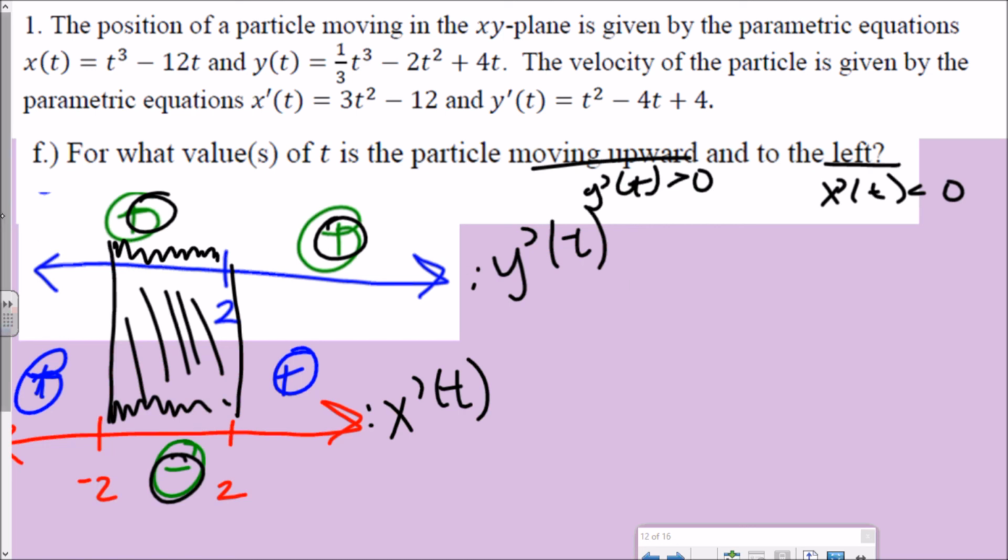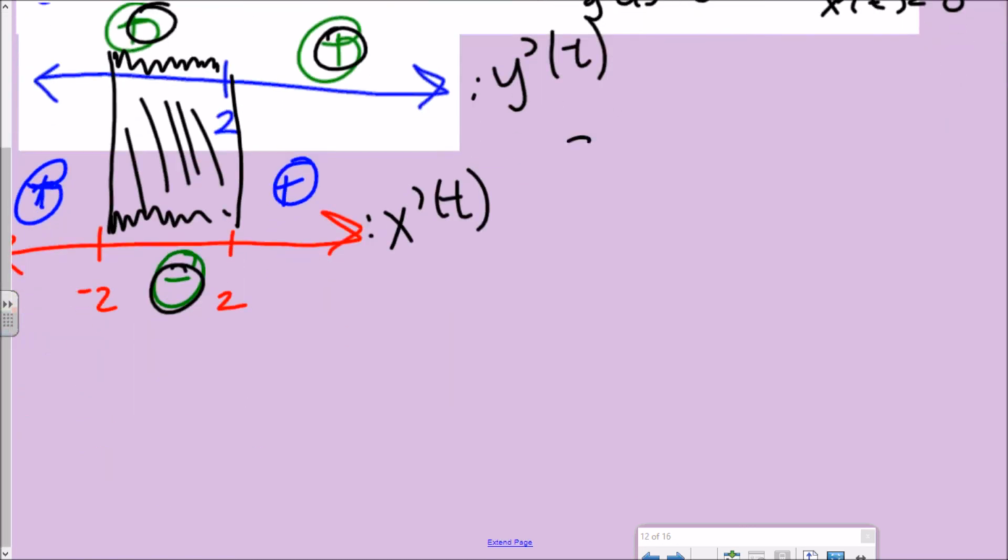So I will write that out. By the way, I just copied these from the last few pages.